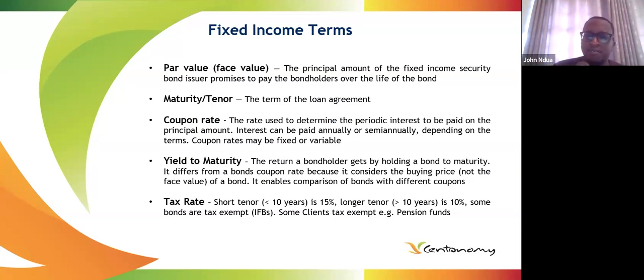Basically, par value is the principal amount that you're paying, the amount that you give, let's say, to the government, which is supposed to pay you back at the end of the term. That is known as the par value or face value. So in simple words, it's also the principal, ideally.